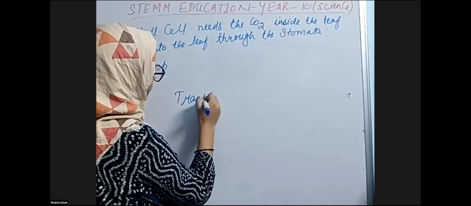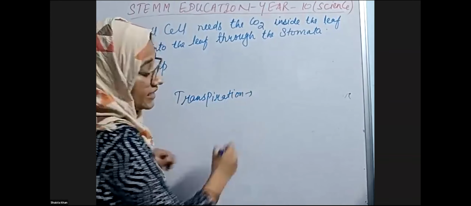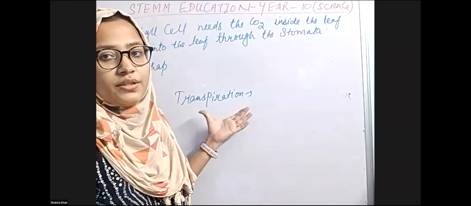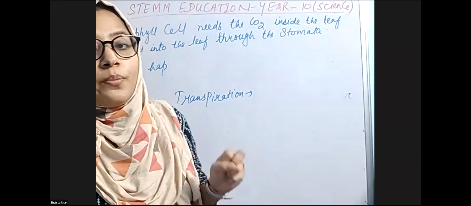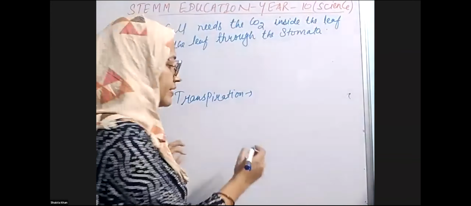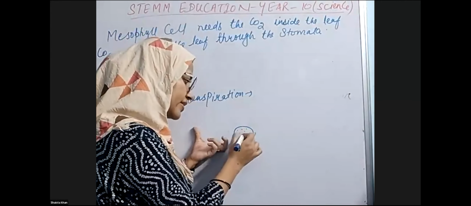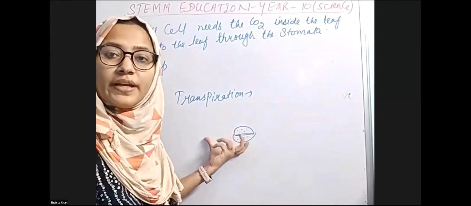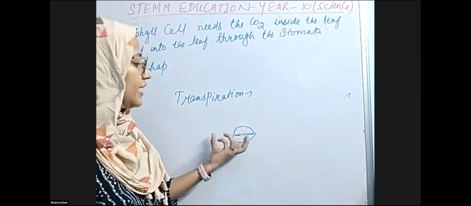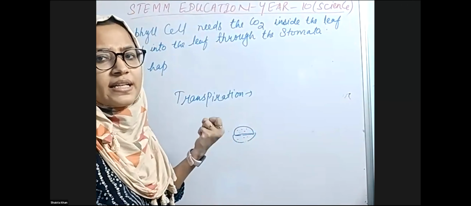It is a very important process. Transpiration, let me tell you. As you said, the stomata is controlled by the guard cells. This is the basic structure of the stomata, a tiny pore-like structure present on the leaf. When the plant absorbs enough water from the roots, the stomata, or in singular form the stoma, is swollen up.